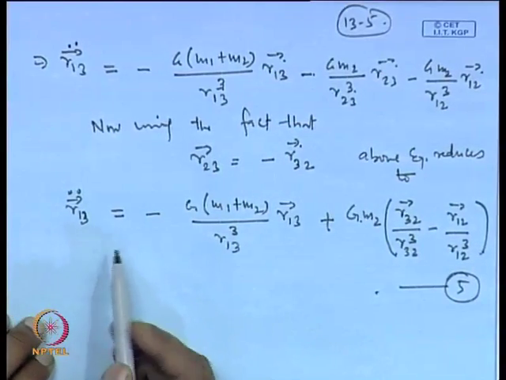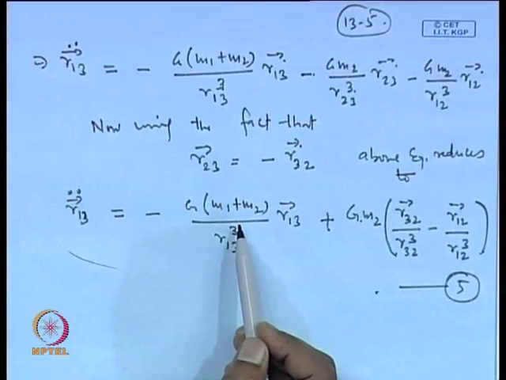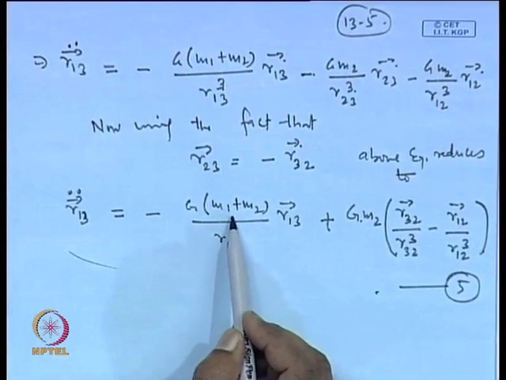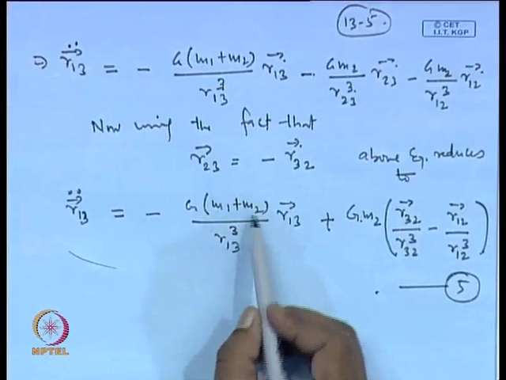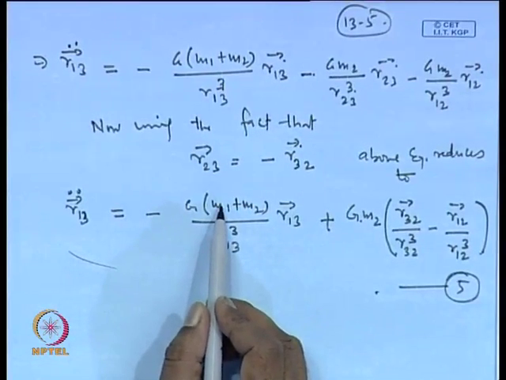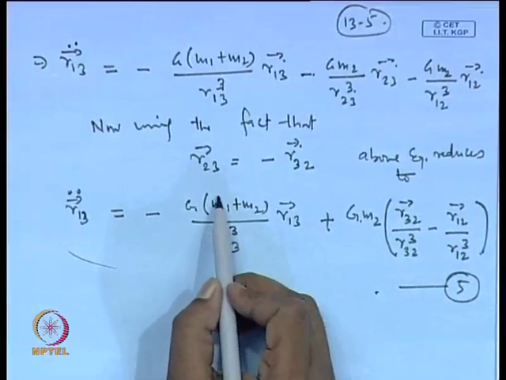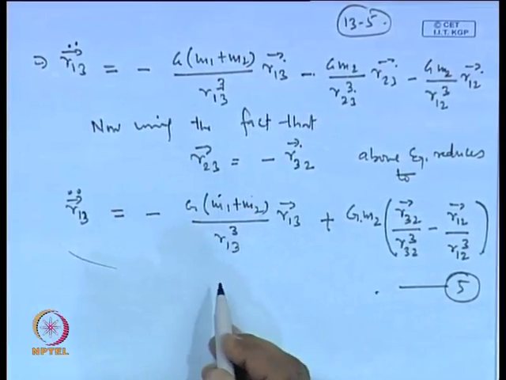So, now in this equation number 5, the first term, what we see here, the terms are coming due to M1 and M2. Okay.